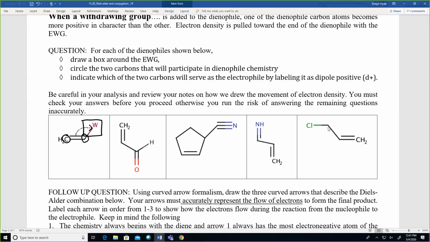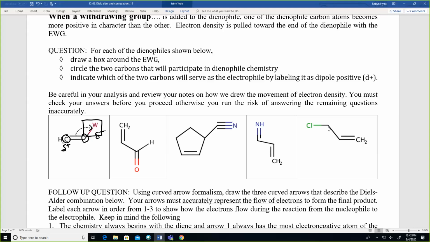What dipole character am I going to end up with on this side with the electron withdrawing group? Positive or negative? Negative, exactly. This side becomes dipole negative, and so it is this distant carbon that is dipole positive. What that means is it is the distant carbon that will be attacked in that very first step of Diels-Alder.